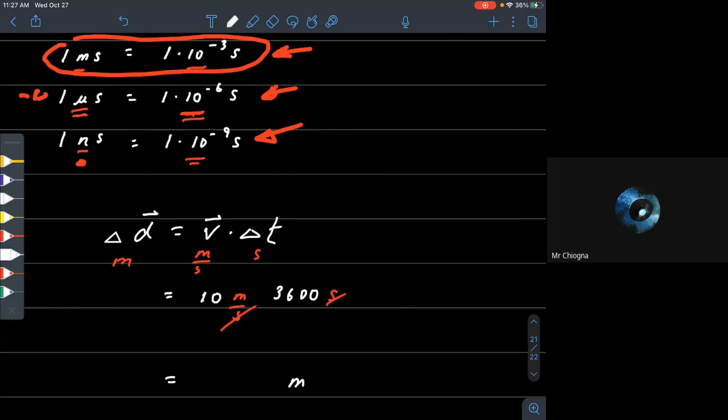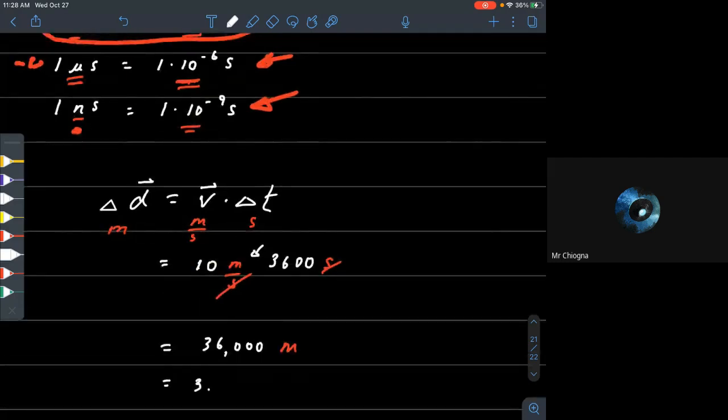That's what you're left with. I'll put it in red, meters. The seconds cancel out like a number. Okay? And then you get 3,600 times 10, 36,000. Put it in scientific notation. Move the decimal 1, 2, 3, 4 places to the left. So it's positive.